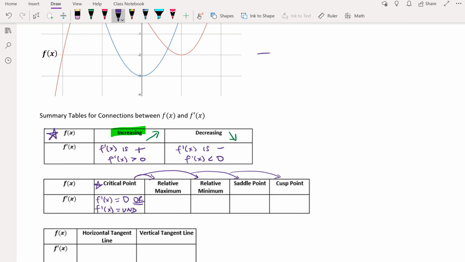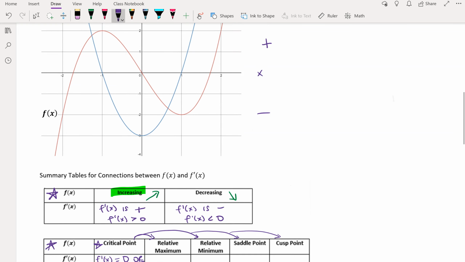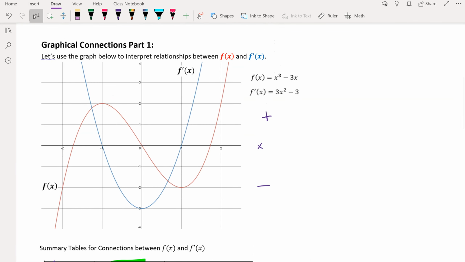So now let's look at our critical points on f. Remember, we're looking at f of x first, the red graph. Let's look at our maximums. Our maximum on the red graph happens right here. And what is true about f prime, our derivative graph? We're going to describe what changes about it.